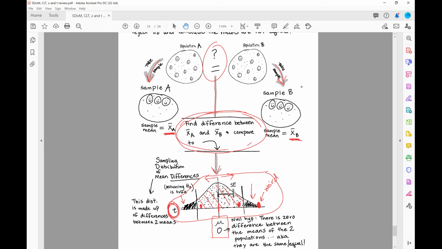If B is so much bigger than A that it lands out here in this rejection region, again, it would be so weird to see that big of a difference if this is true that I don't think this is true. I think it's not the null. I'm going to reject the null and go with the opposite.